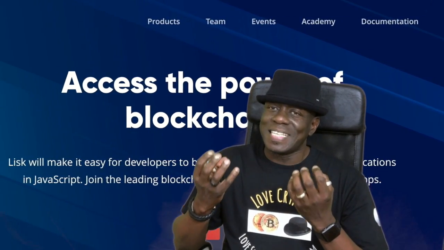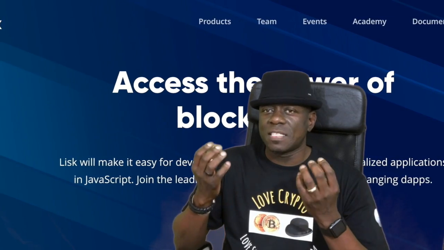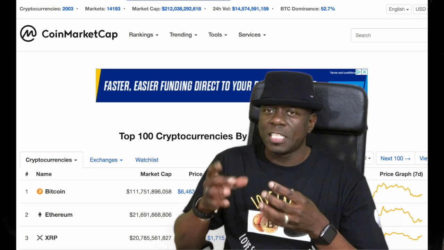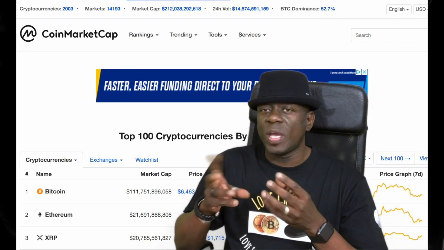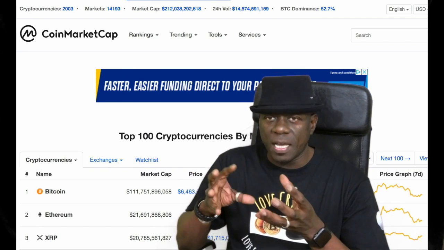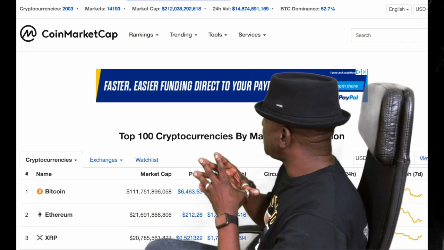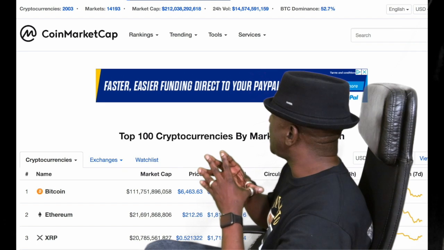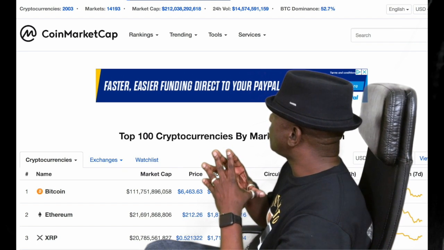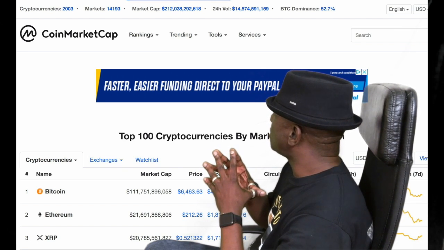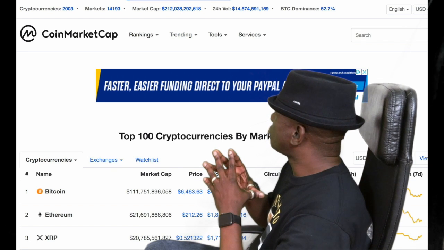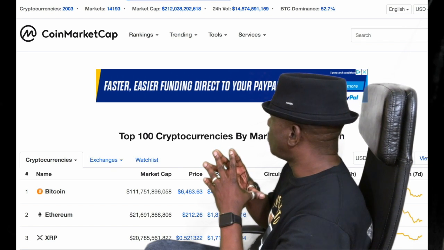Lisk is a decentralized application and sidechain development platform. But before I do that, let's take a quick look at the market and see exactly where we are at this point in time. Okay, 26th of September 2018, time check, 10:30 a.m. Market cap currently standing at $212 billion with 24-hour trade volume of $14 billion.